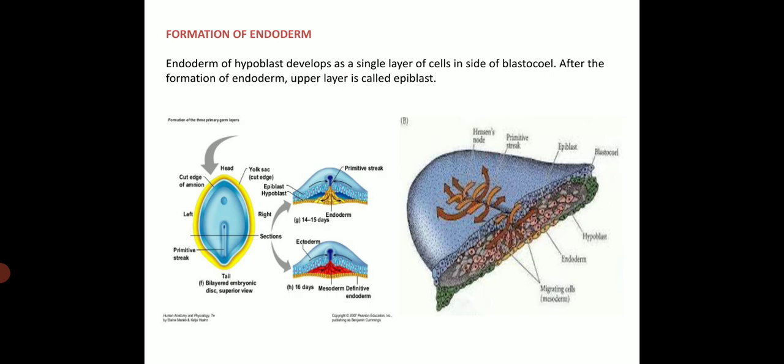In this picture you can clearly make out the section, and the hypoblast that will develop as a single layer of cells inside the blastocoel. After the formation of endoderm, you can see the upper layer, what we call the epiblast. So this is where the formation of endoderm takes place during the gastrulation process.